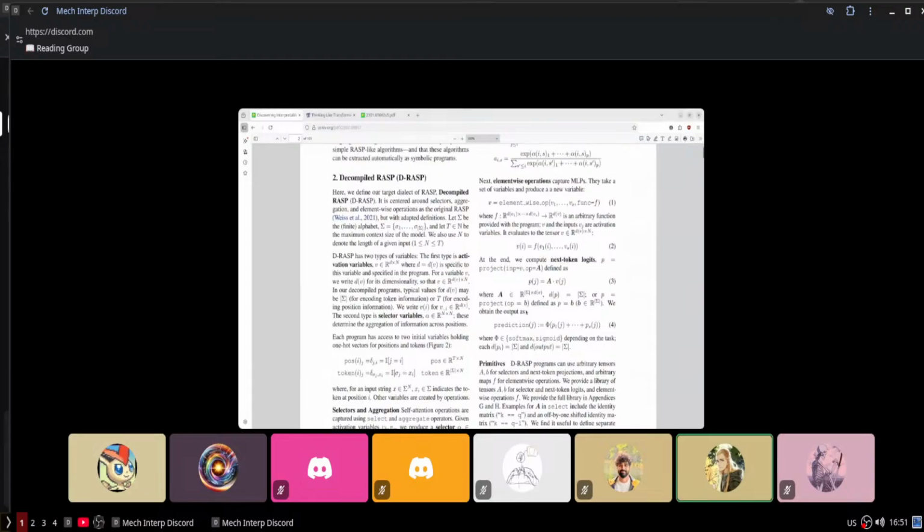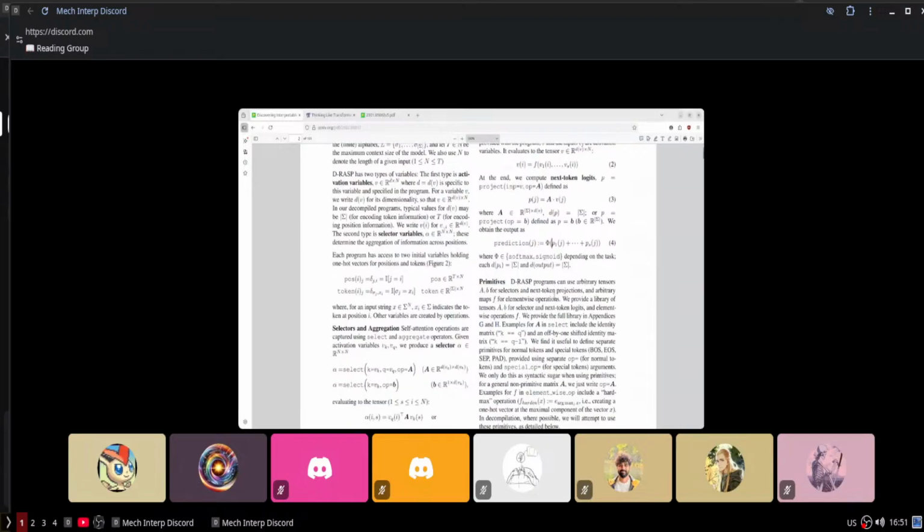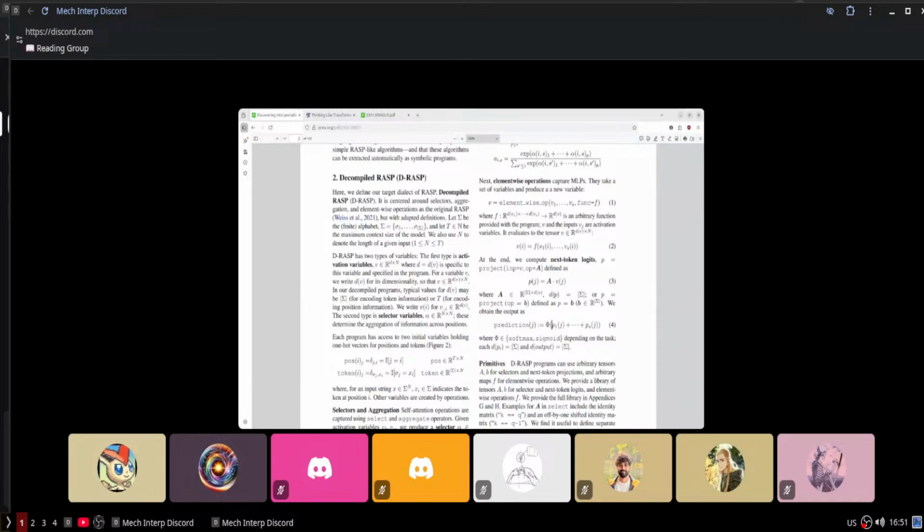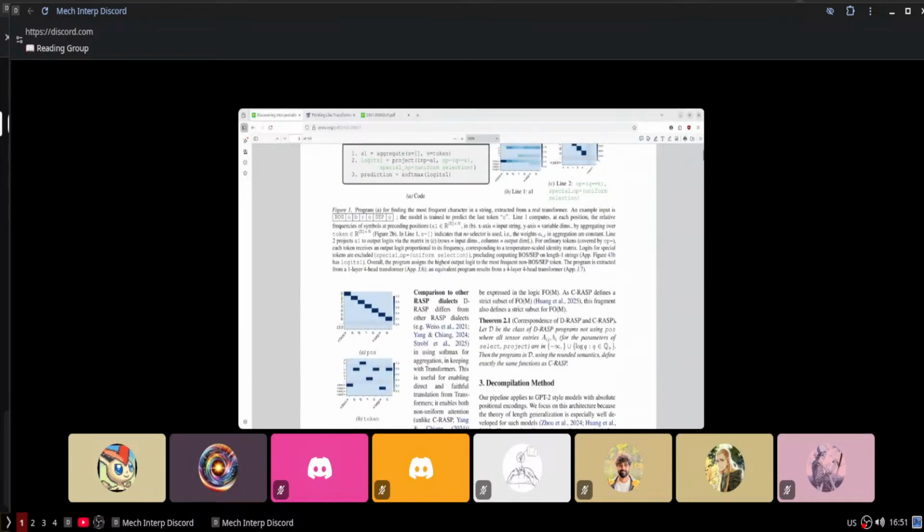So the prediction is softmax of something. Apparently RASP used hardmax, and this one is using softmax.